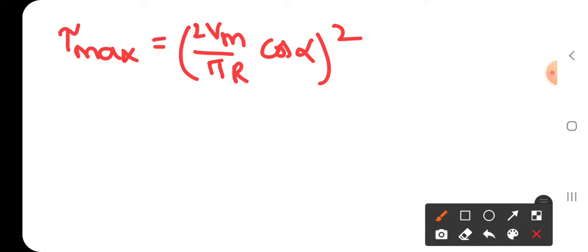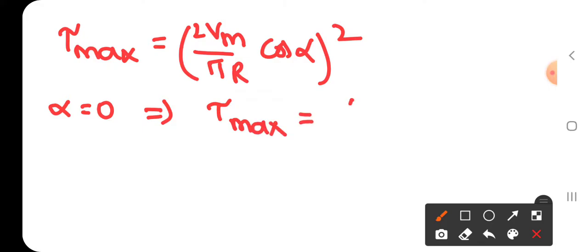When alpha is equal to 0, tau max is equal to 4 V_m squared by pi squared R squared.